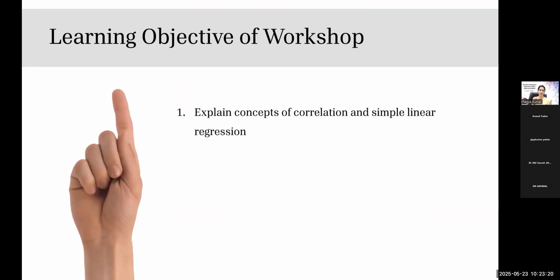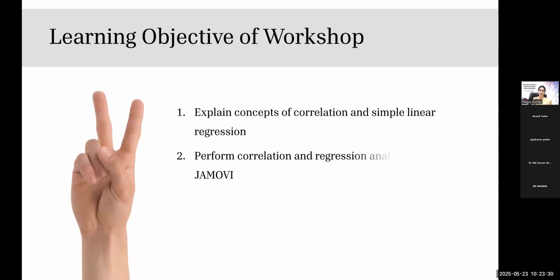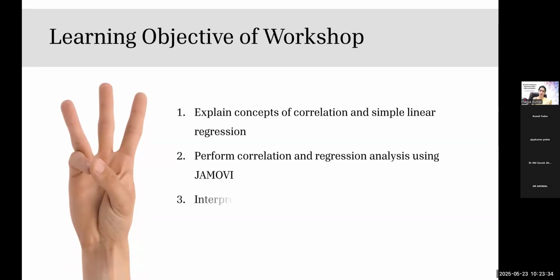So this learning objective, I have already told you, but still, as a part of this slide, we will learn the concept of correlation and simple linear regression. Then we'll perform the correlation and regression analysis in Jamovi. Then we'll see how to interpret, because interpretation is very important.